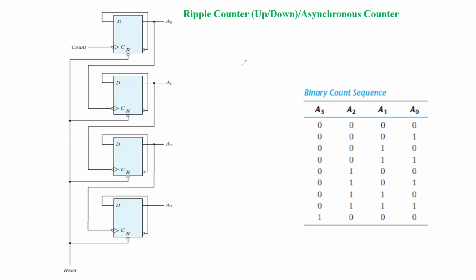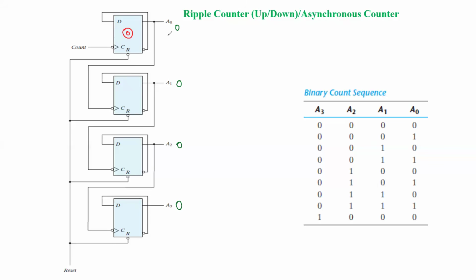Now here, in the initial stage, all outputs are 0: A0, A1, A2, A3 are all 0. Now what is going to happen? When negative edge triggering takes place for the zeroth flip-flop, we will get some output.